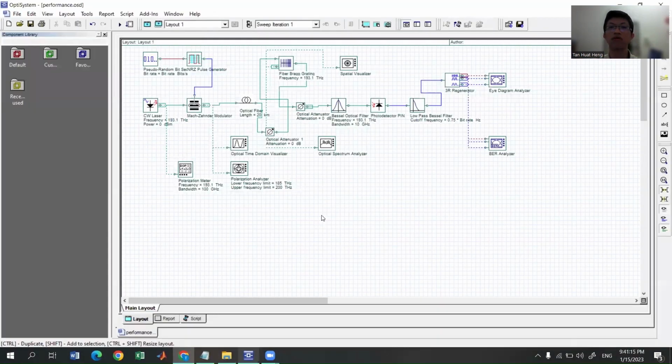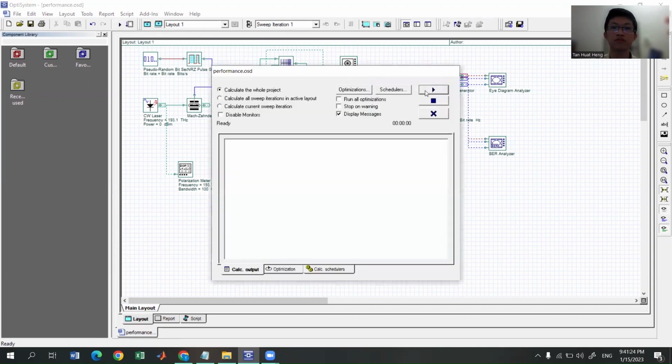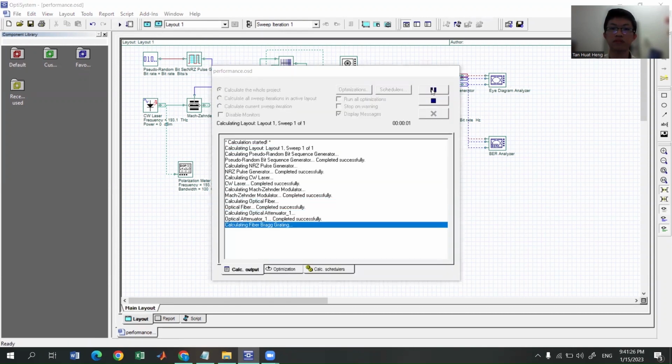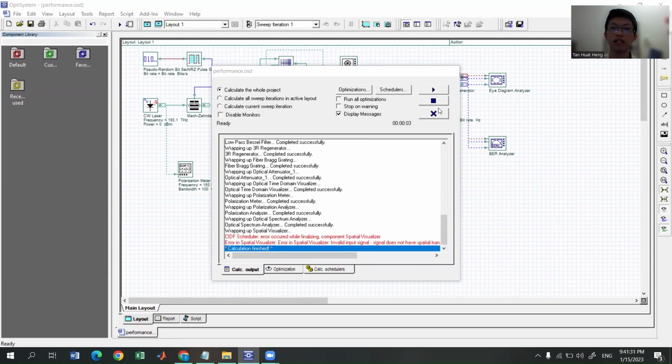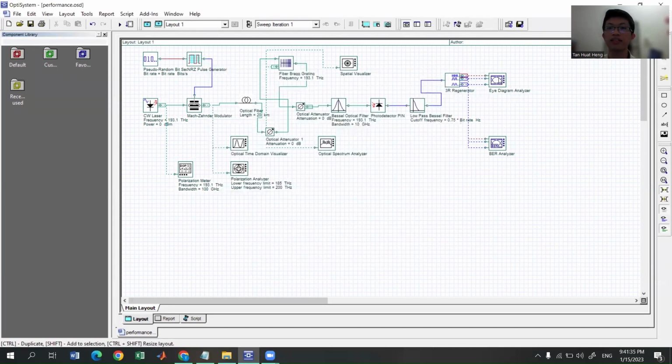Now we will simulate the circuit using the OptiSystem software. Now I will run the simulation. Then the simulation is finished. Then we can analyze the output by using the eye diagram analyzer.